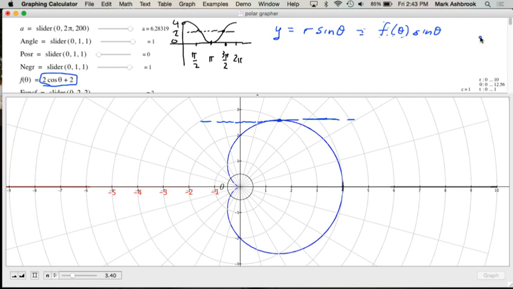I'm going to use calculus to help us find the maximum y. For a change in theta, we want the change in y to be 0, right? So we're looking for a little change in theta right around that point. We're looking for where the change in y is 0, so we're going to look at dy d theta.